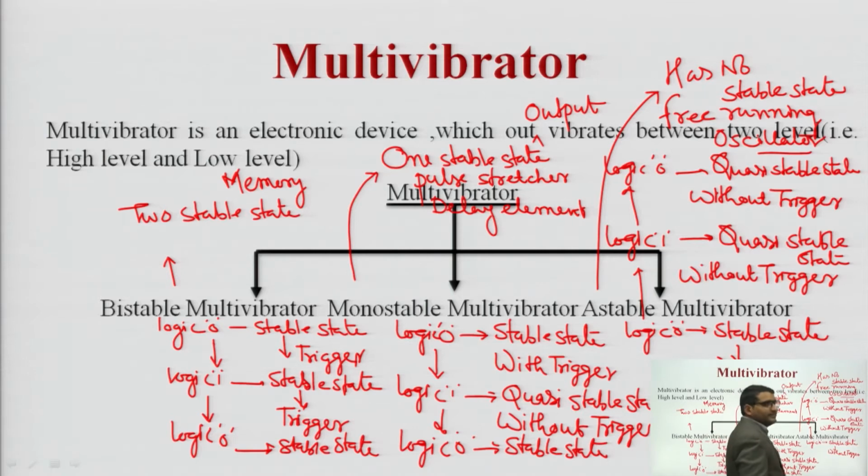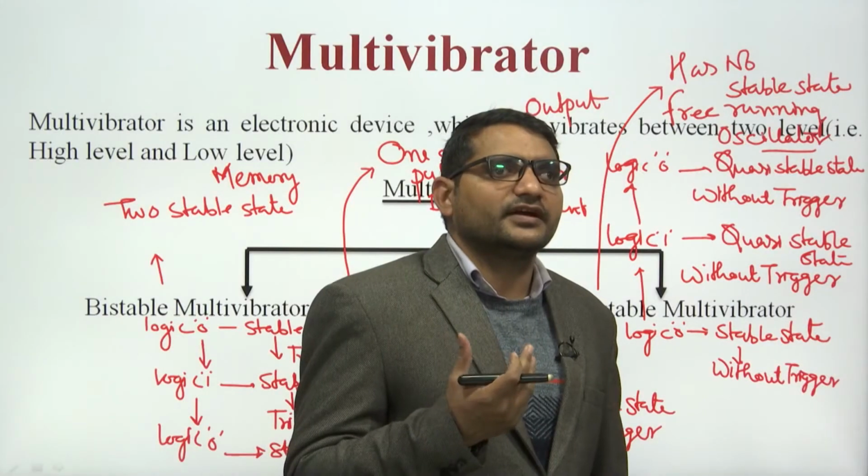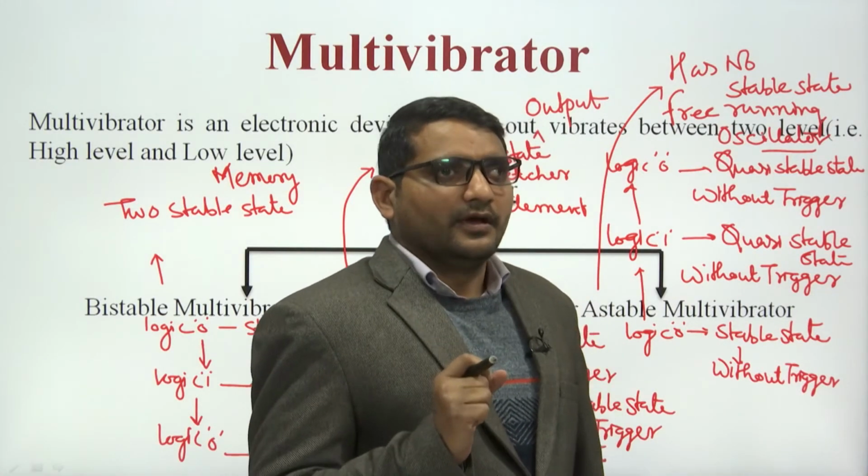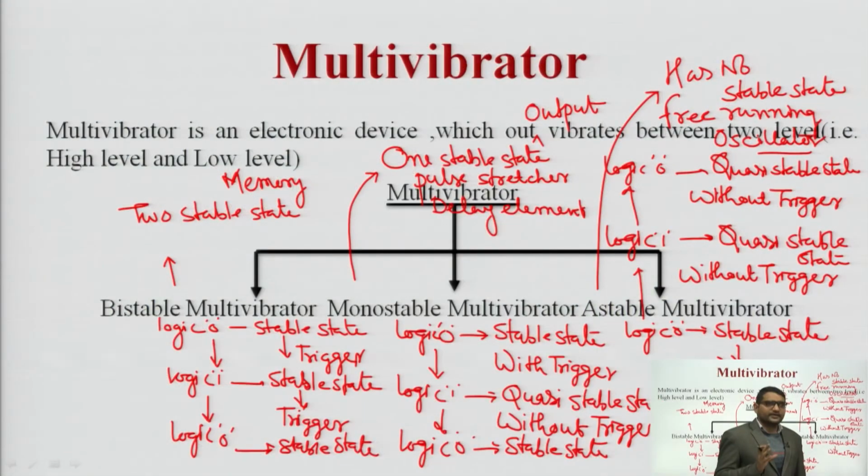If we consider waveforms, there are two types of circuit. One is the wave converter, and the other is the wave generator. A wave generator basically generates a waveform at the output without an input. A square wave generator is an example of an astable multivibrator.